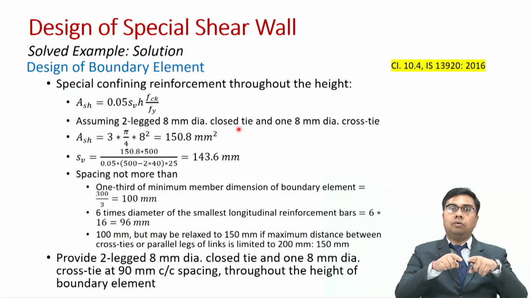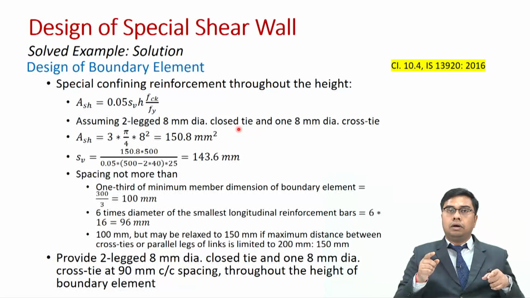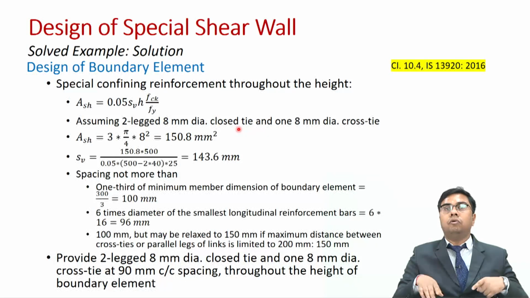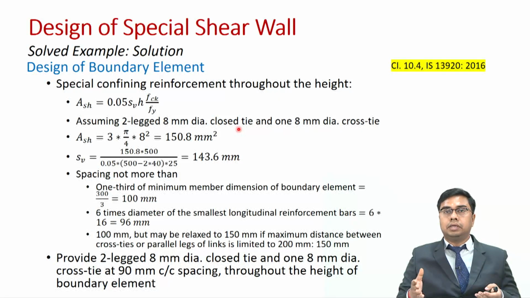So if we only use a closed tie, there are greater chances, or even surety, that the distance between the parallel legs of the transverse reinforcement, that is this closed tie, will be more than 300 millimeters, which is not suitable from a ductile detailing perspective that we have looked into when we were designing columns. So therefore we will also provide one cross tie.